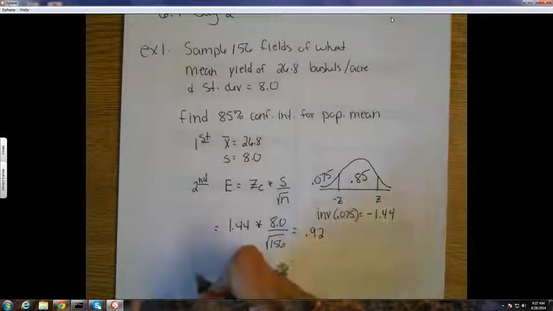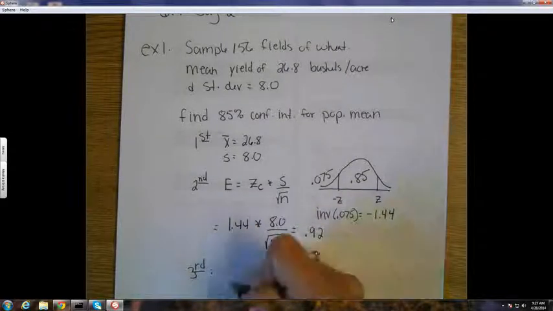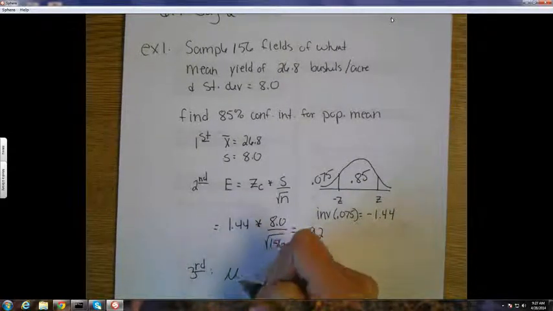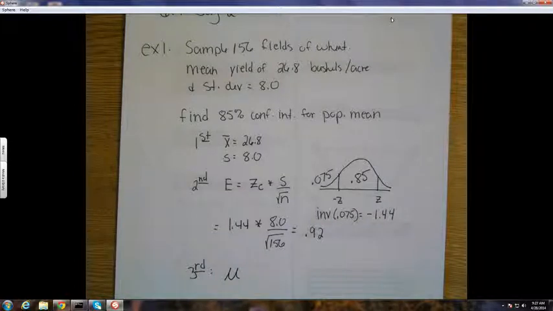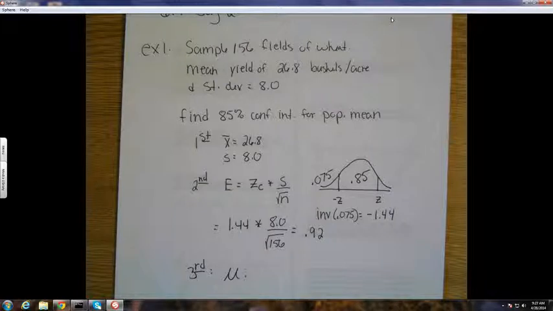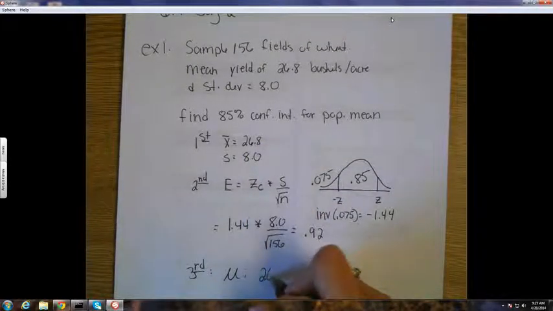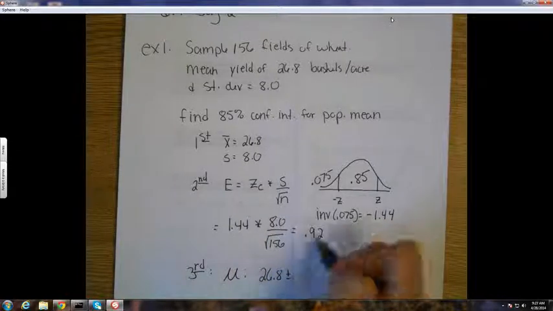And then our third step is to actually write the interval. What do I expect the mean bushels per acre to be for all durum wheat fields? And how do I get that? Yep, the average was 26.8, plus or minus the 0.92.